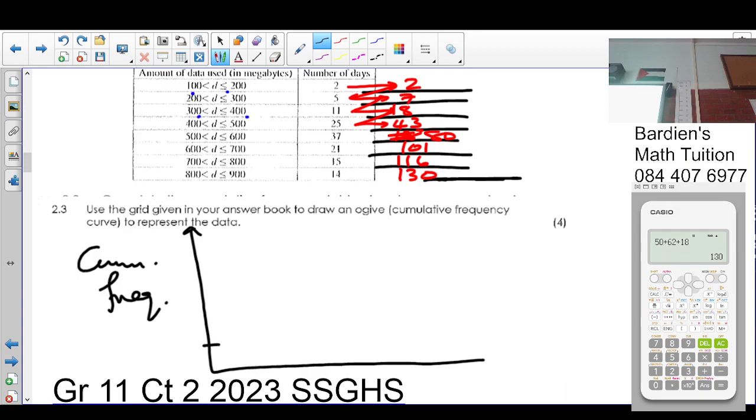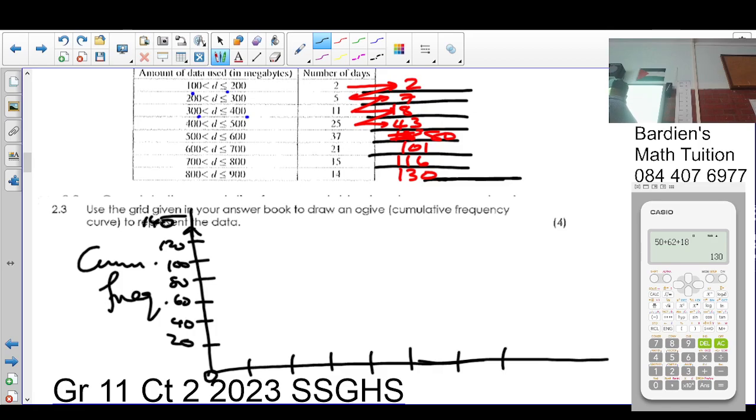If I go 10, 20, 30, 40, 50, 60, it's going to be too little, so I go 20, 40, 60, 80, 100, 120, 140. Then along the bottom it's going to go 0, 100, 200, 300, 400, 500, 600, 700, 800, 900.